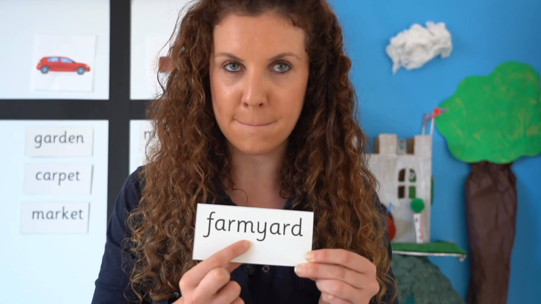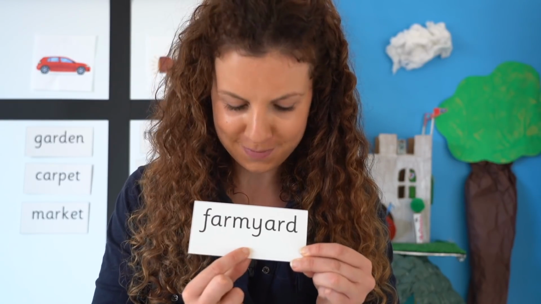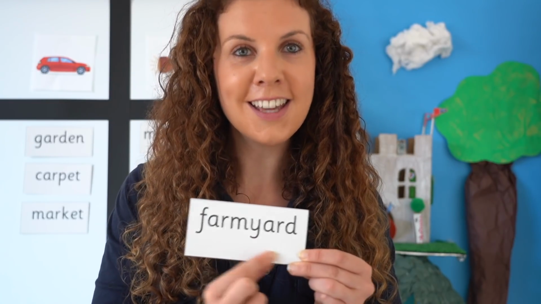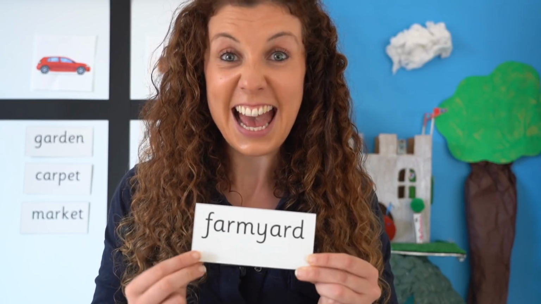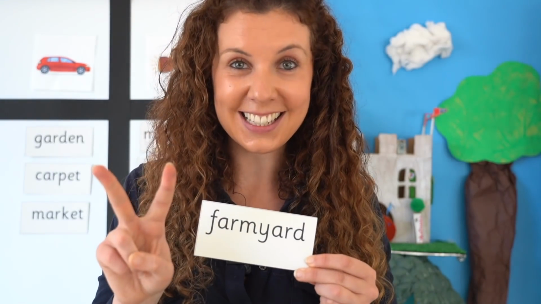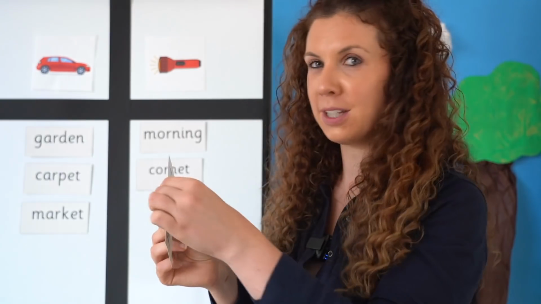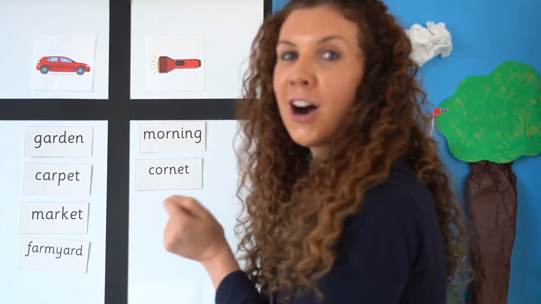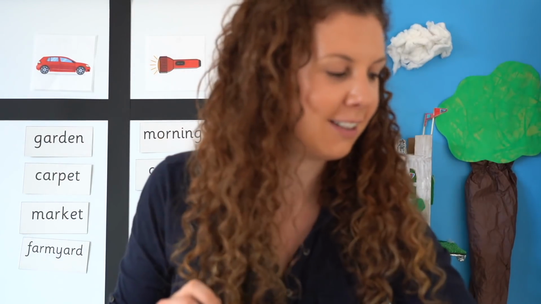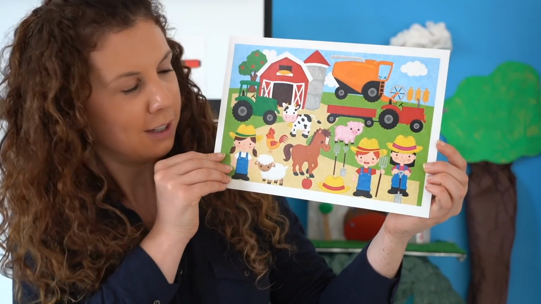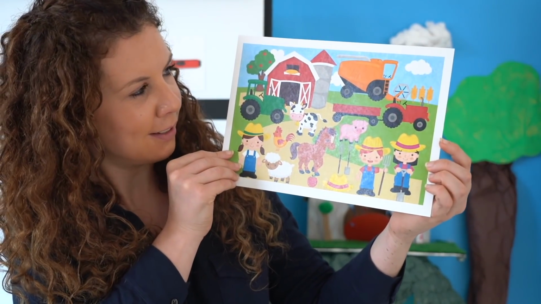R, farm, yard, yard, farmyard. It has the grapheme R twice. So I'm putting farmyard under the car. And here we've got a picture of a very busy farmyard. Oh, look at all those animals.